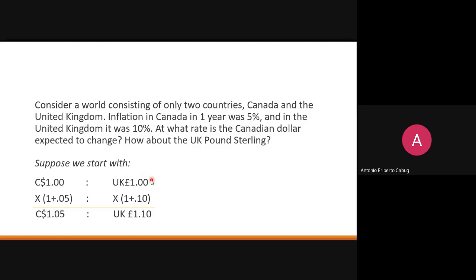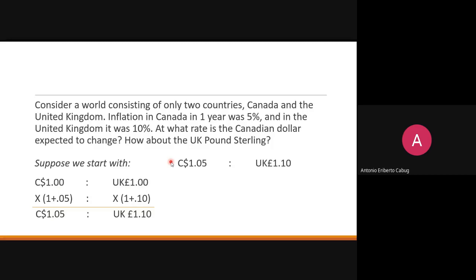And what used to be acquirable by 1 UK pound, you can buy it at a higher price now, 1.10 UK pounds. So this is the question. At what rate is the Canadian dollar expected to change?